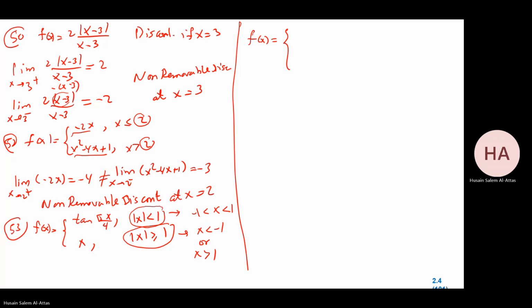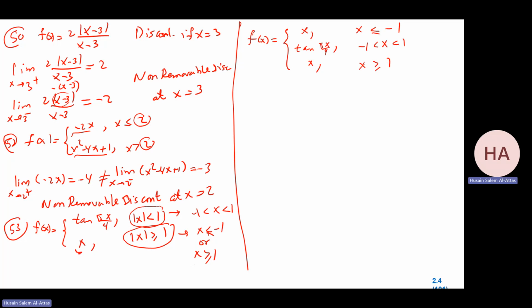As tan pi x over 4 if x greater than 1, and no, it is x if x is less than -1. We have the equality here, and tan pi x over 4 if x is between -1 and 1, and x, it's the same x if x greater than or equal to 1. So this is the function.